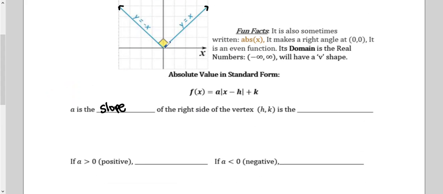The word vertex means this coordinate right here, and we're looking at the slope on the right side. See, it's going up. And (h, k) is the vertex, the coordinate of the vertex.